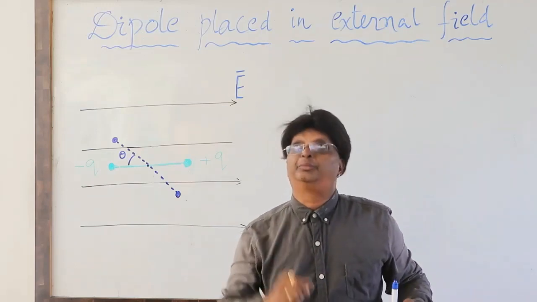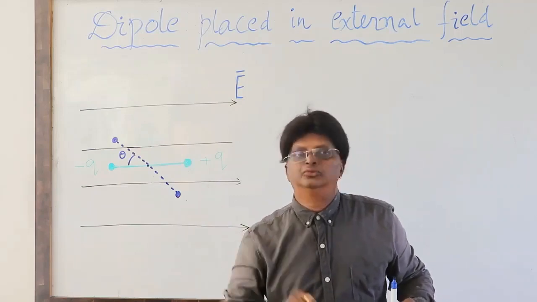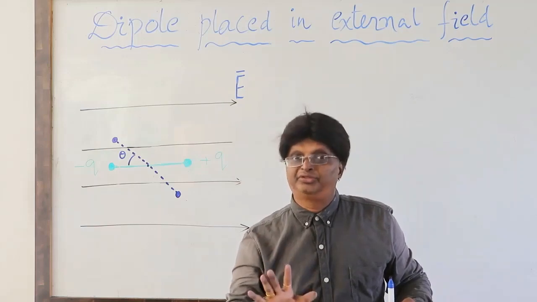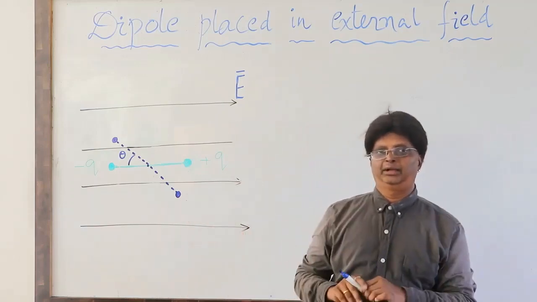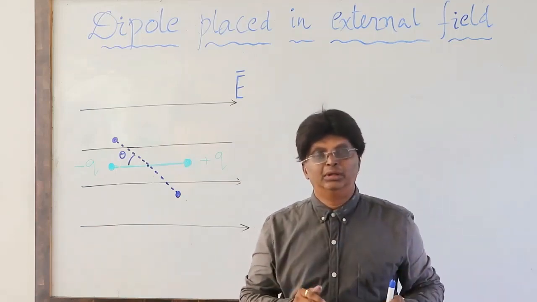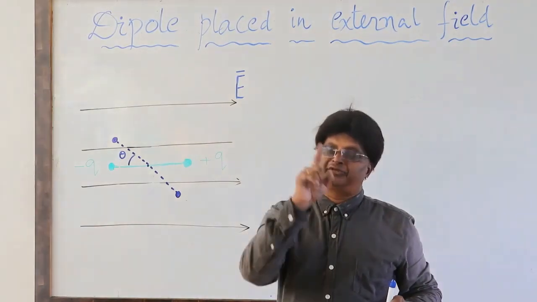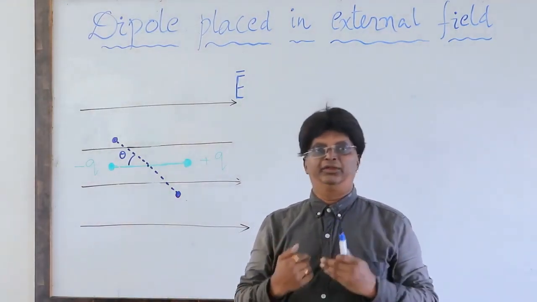Remember, suppose a fan is running due to power supply. The moment you switch off the power supply, do you find the fan coming to rest at once? No. It comes to rest after making a few more rotations. That is the property of inertia.